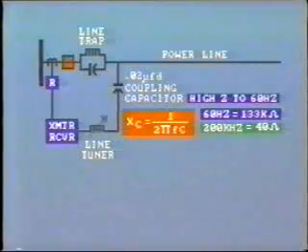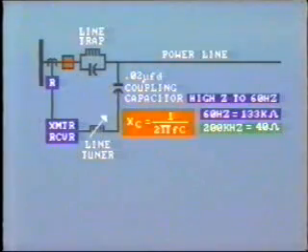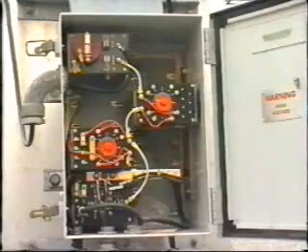The reactor can be adjusted, that is, tuned, so that its value of inductive reactance is the same as the capacitive reactance, 40 ohms in this case. So this presents almost zero impedance to the flow of the 200 kilohertz signal. By tuning the reactor, we can select the coupling circuit to pass specific carrier frequencies as desired. This circuit is logically called the line tuner.